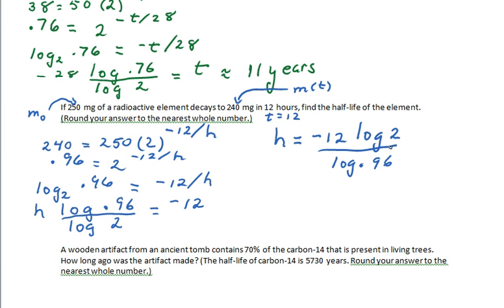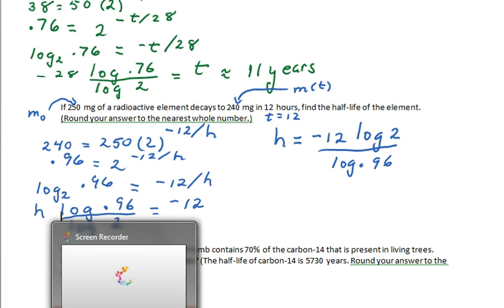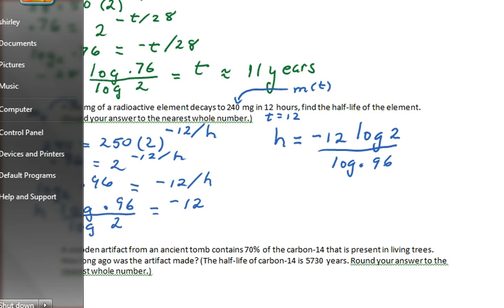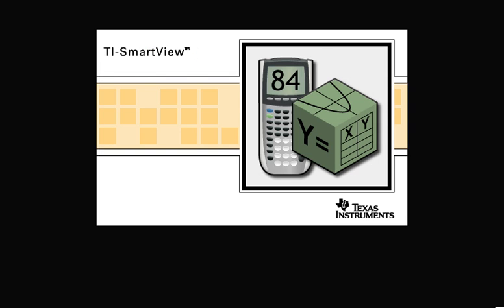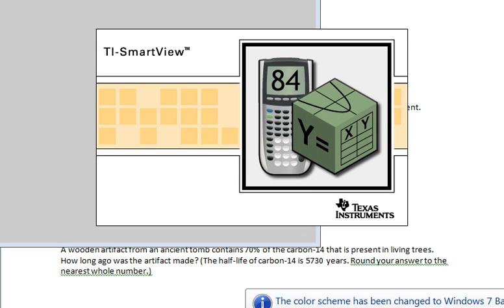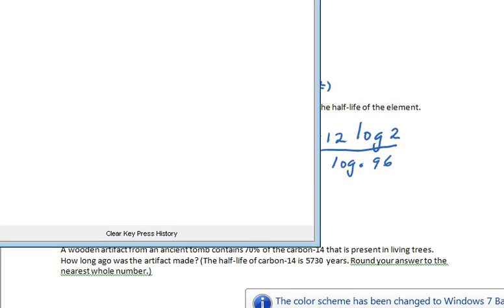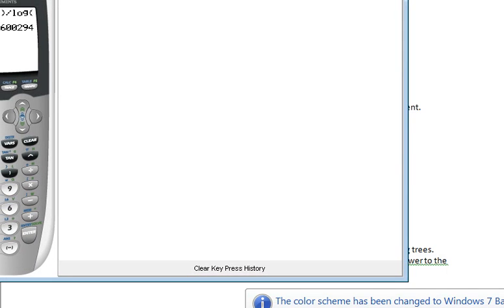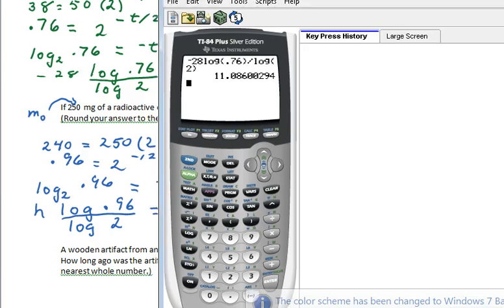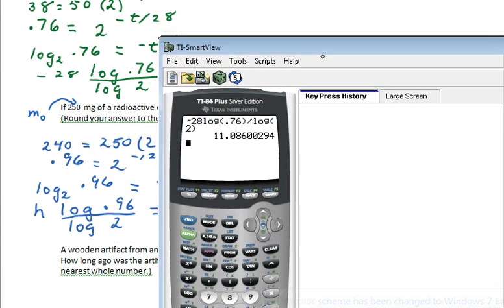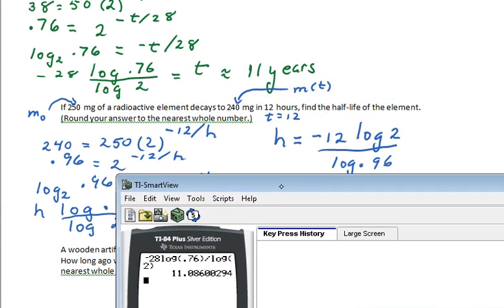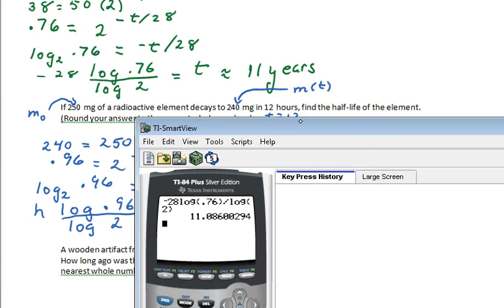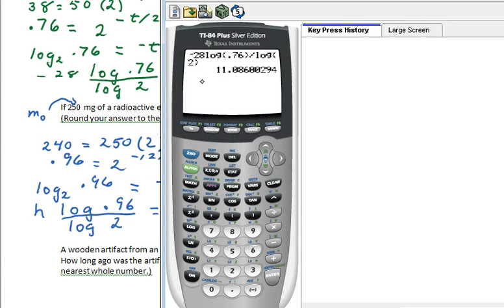And we can work this with the calculator. Here we are. It's going to be negative 12 log 2 divided by log 0.96.